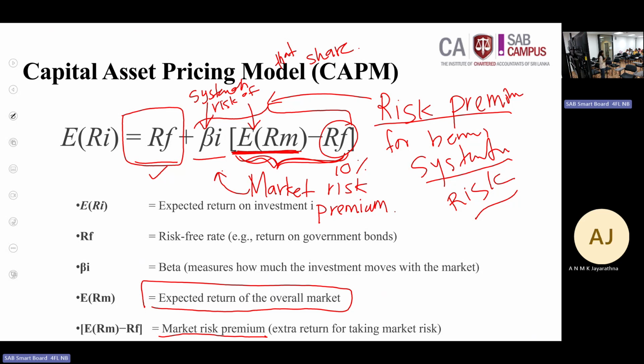We call that the beta of asset i or stock i. So after you identify the market risk premium adjusted with the beta, that part needs to be added to the risk premium, which decides the expected return of asset i.